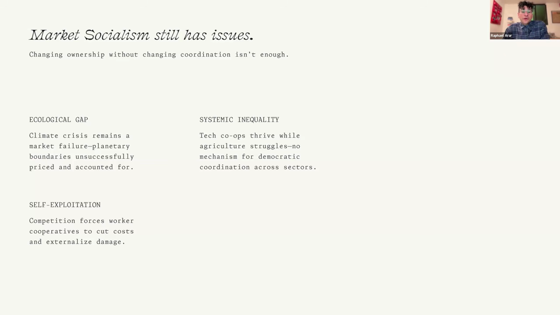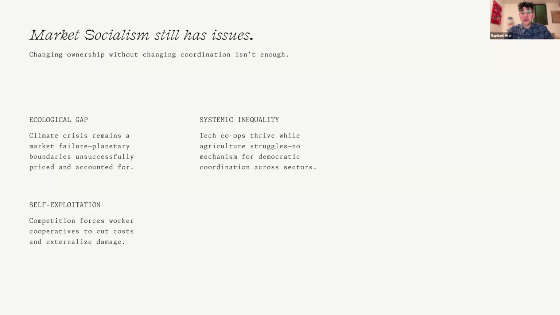The third issue is self-exploitation, and this is a hard lesson that was learned from Yugoslavia. If we had more time in the world, we'd do a deep dive, and probably an entire course or session, on Yugoslavia and the market socialist experiment that happened there.